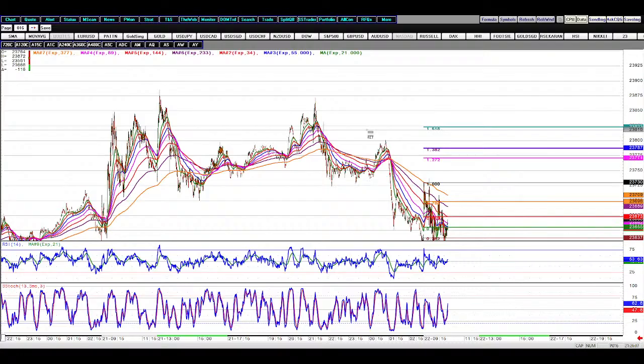Let me try this on my platform, because I've done futures, but I've not done CFDs, so I need to see how this works. Okay, so I want to sell. I'll sell 0.2.